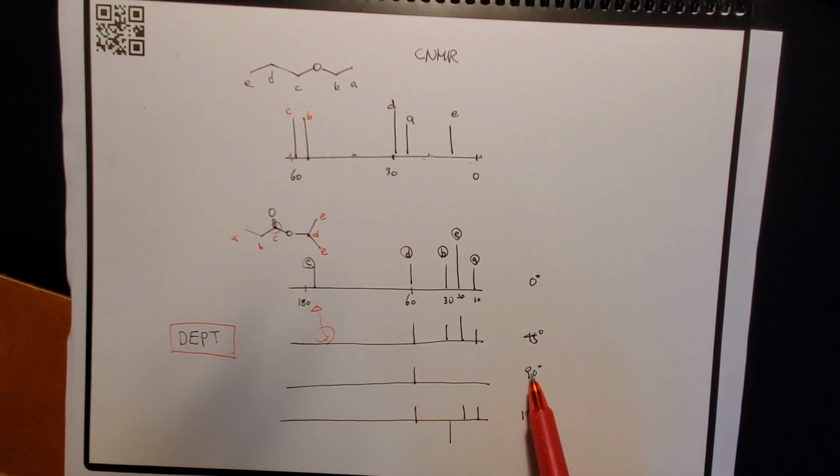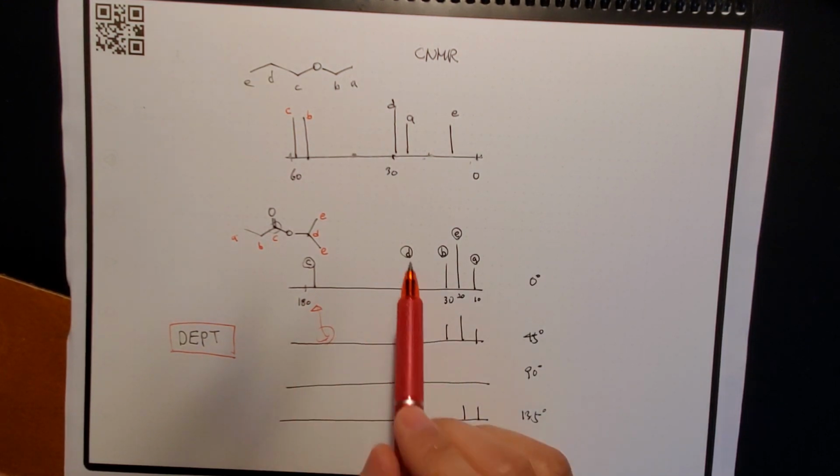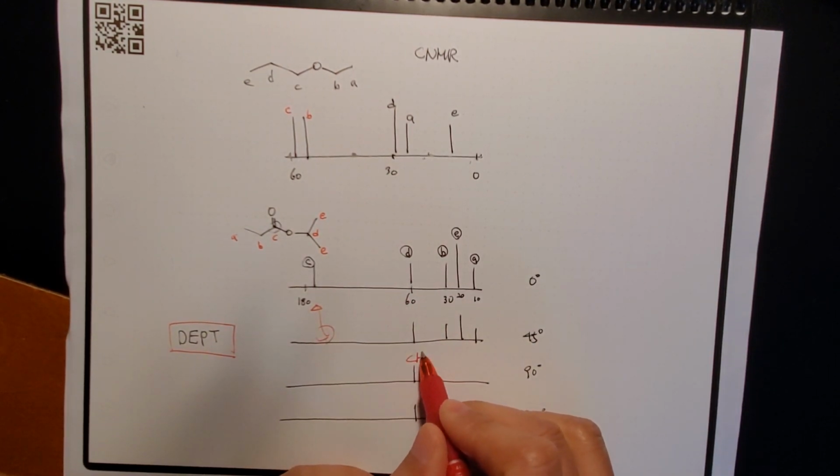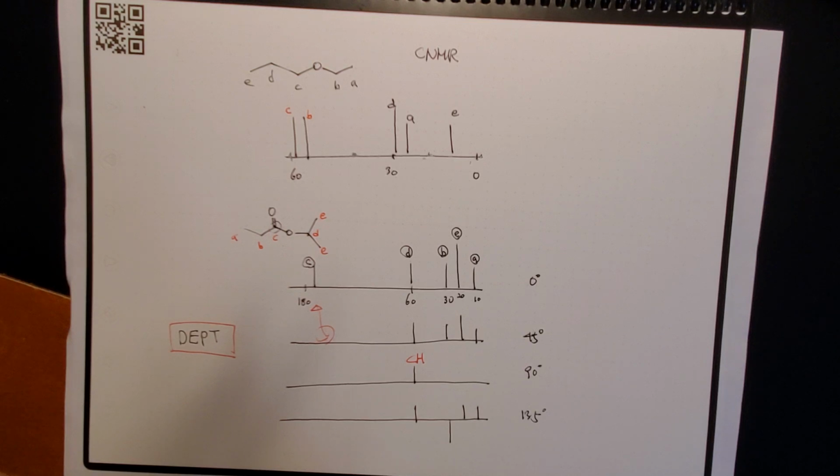Then you get the outcome from the 90-degree pulse. There, the only thing you see is D, which is a CH. So only CH gives a signal. Okay, so that's the key thing. 45 gives you a chance to find quaternary.